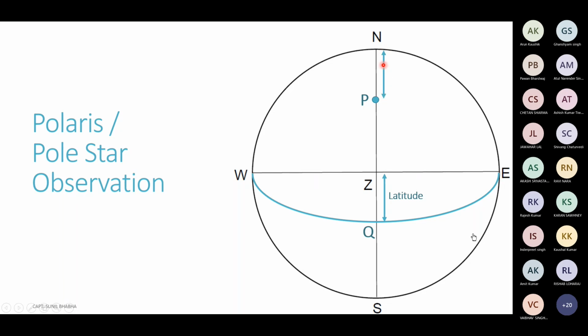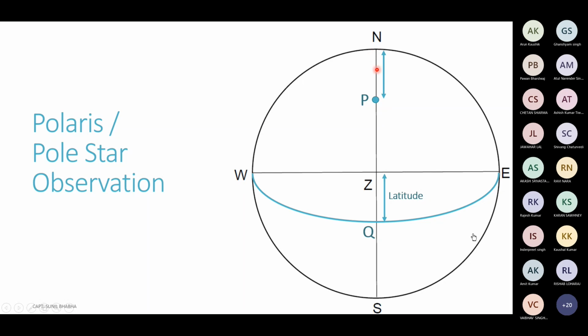This arc N to P is basically the altitude of the pole, or it is also known as the elevation of the pole.